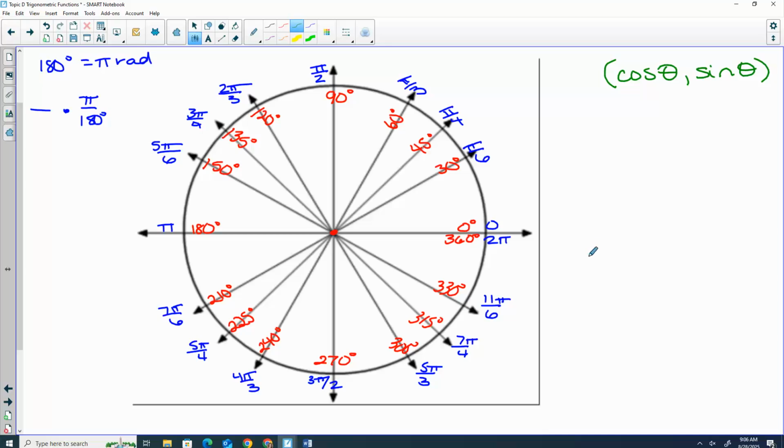Remember, we did our hand trick to help with that? So our fingers were the 0, 30, 45, 60, and 90. The pattern is always square root of something over 2. On this, sine was the top and cosine was the bottom.